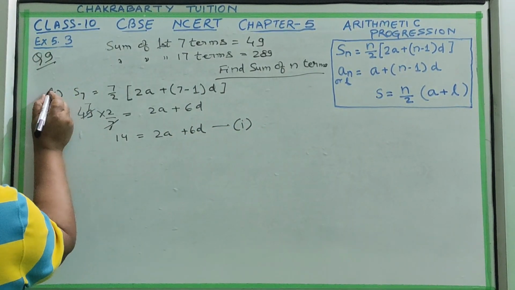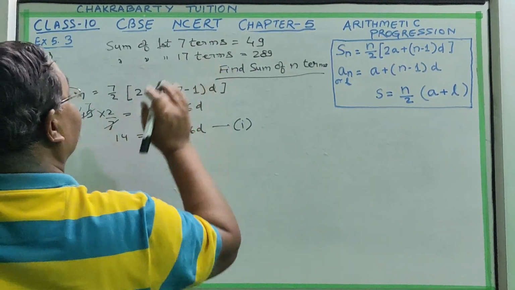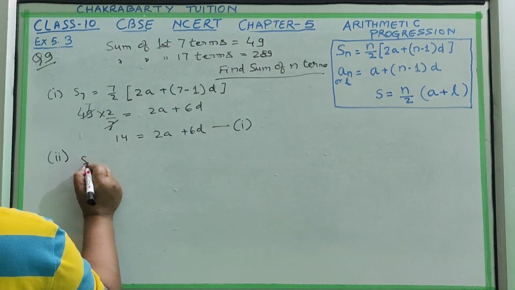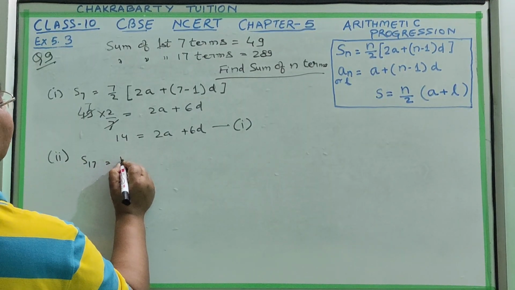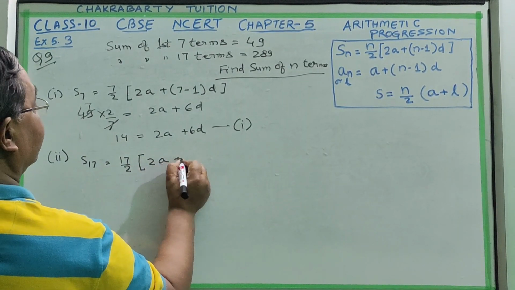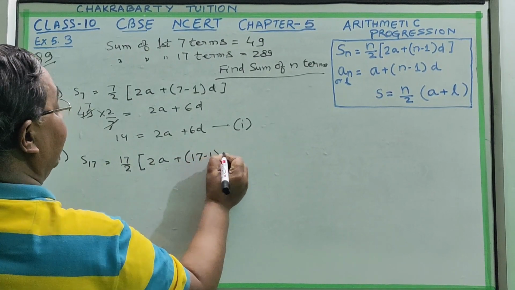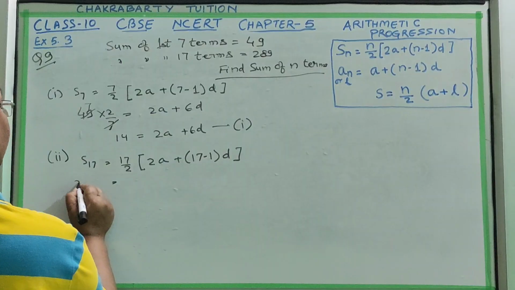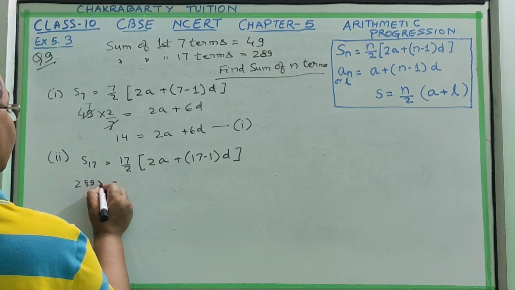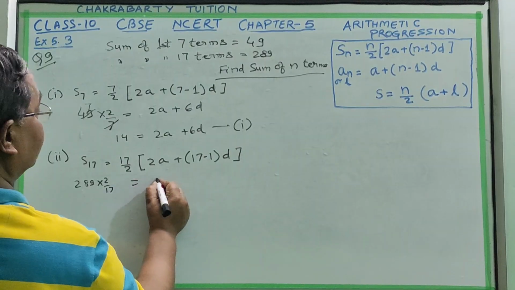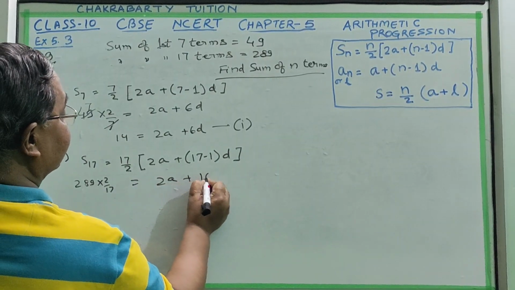Now in this way we will find the second equation also. Second equation, S17 is equal to 17 by 2, 2a plus (17 minus 1) d. So S17 is 289, into 2 by 17 equal to 2a plus 16d.